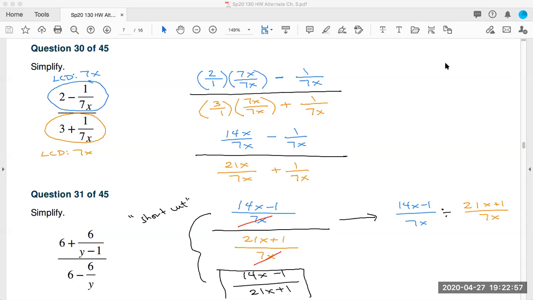And then from here, keep the first fraction, multiply by the reciprocal of the second fraction. And that is why the 7x's cancel. Okay, so you wind up getting the same thing out.